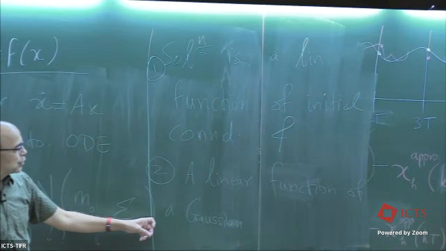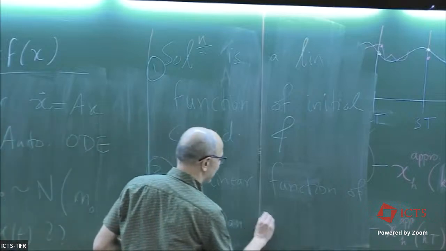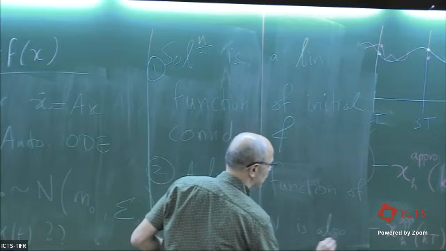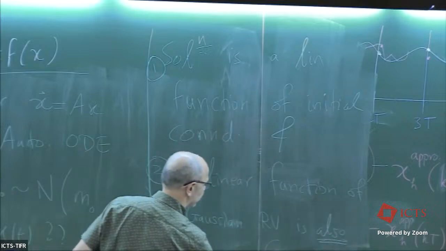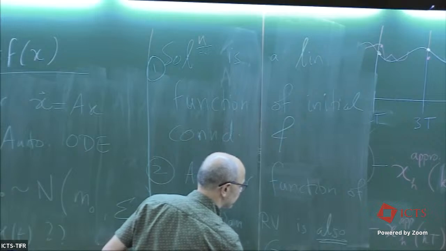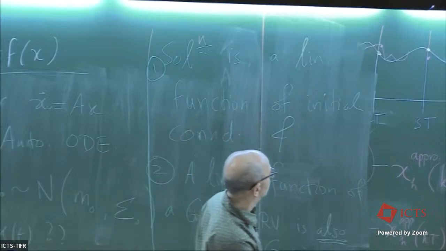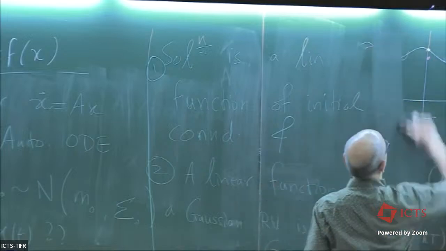So a linear function of a Gaussian random variable is also Gaussian.